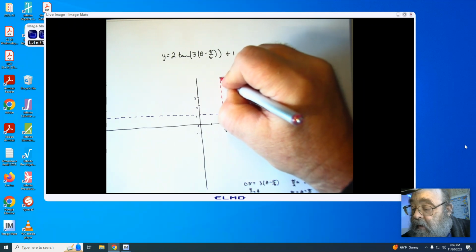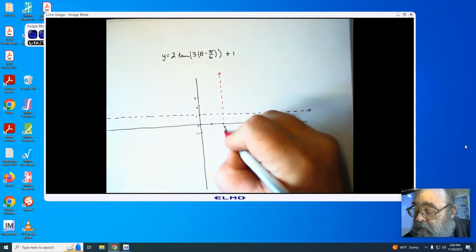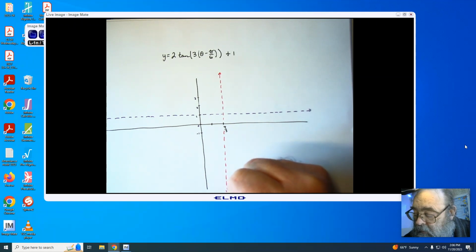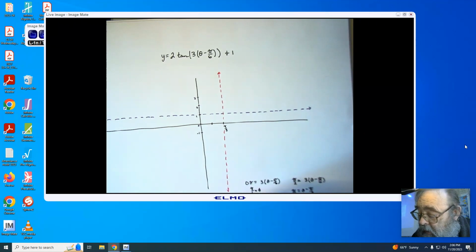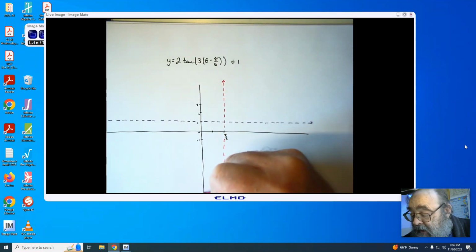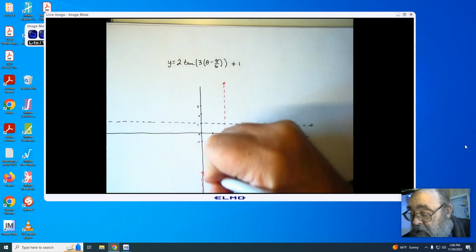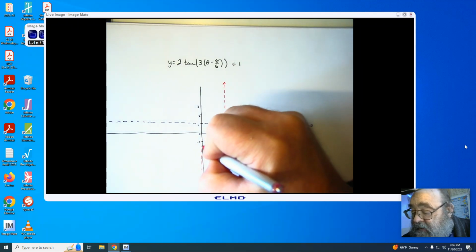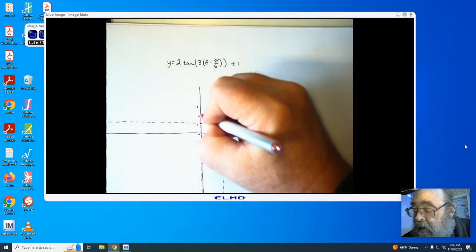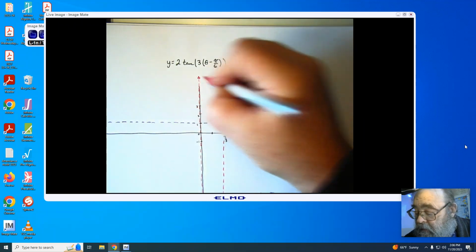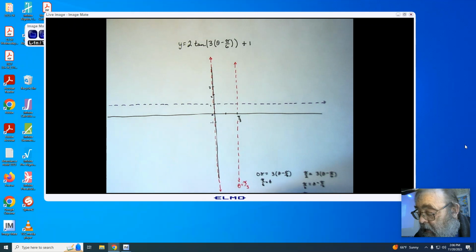I'm going to locate my first asymptote. Theta equals pi over 3. I'm going to locate my second asymptote. Once again, it's moving along. It's in the same place as that vertical axis. So I'm just kind of putting it along the side so we can see it clearly. Theta equals 0 pi.